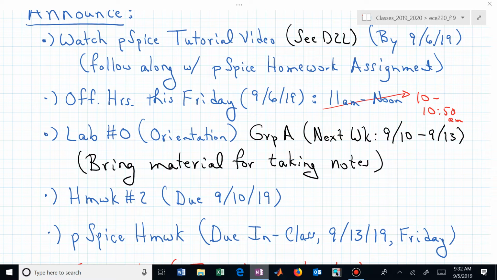One thing relative to the orientation lab, which is lab number 0, the TAs have informed me that you need to bring material to take notes. Essentially, they are going to be familiarizing you with the laboratory process. Wear closed-toed shoes, no sandals, or you won't be allowed into the lab. So wear something that covers your feet.